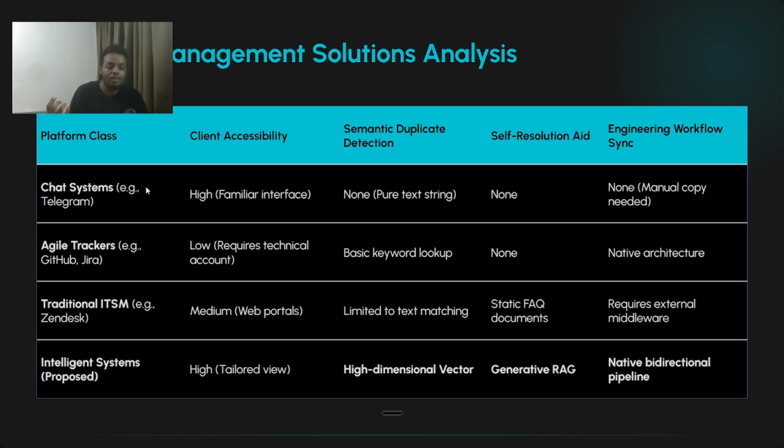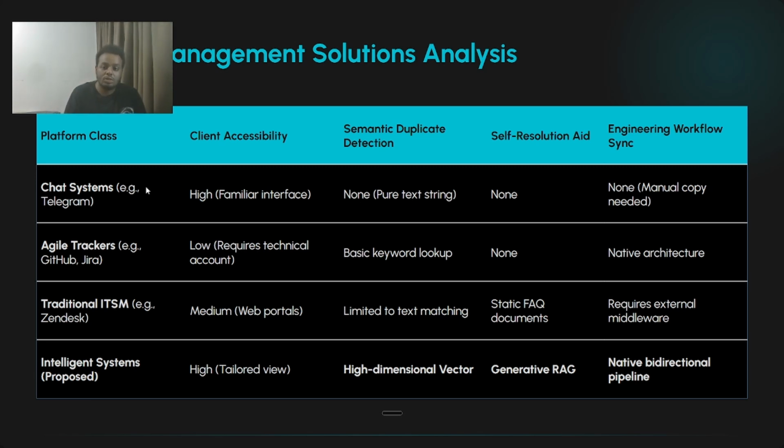And then we have traditional IT management systems, or client management systems, like Zendesk. It's client accessible, yes. They have a web portal for clients to submit issues. Do they detect semantics? Limited to text matching, like if they have the same word, then yes, but it doesn't have AI-powered detection.